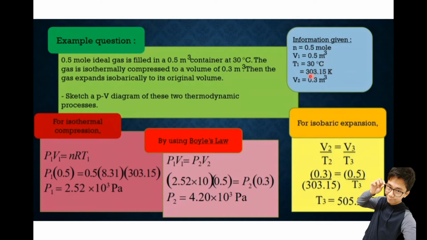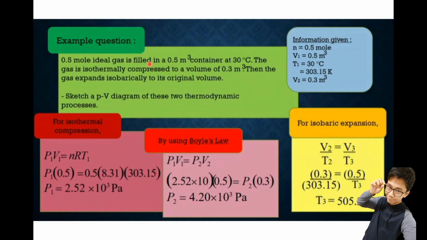We get 303.15 Kelvin, and then the second volume is equal to 0.3 meter cube. Okay, so to sketch a perfect graph, we need to have all the values to plot on the graph. Okay, so we can solve all of the unknown values over here.